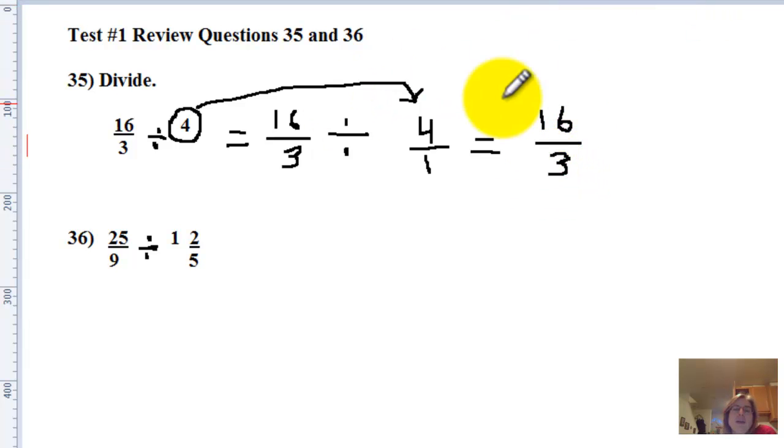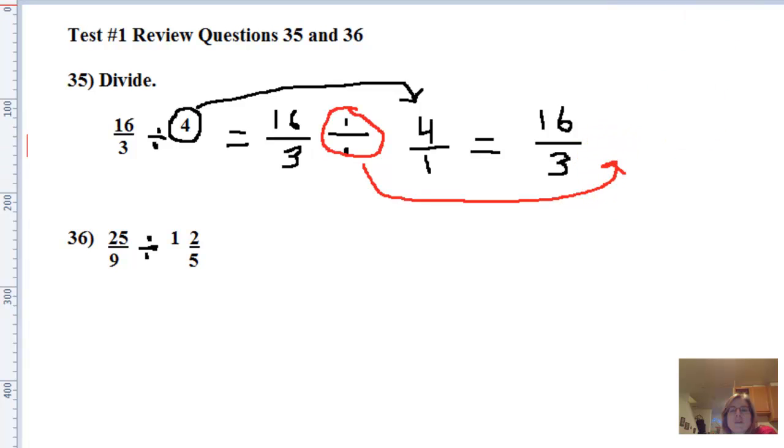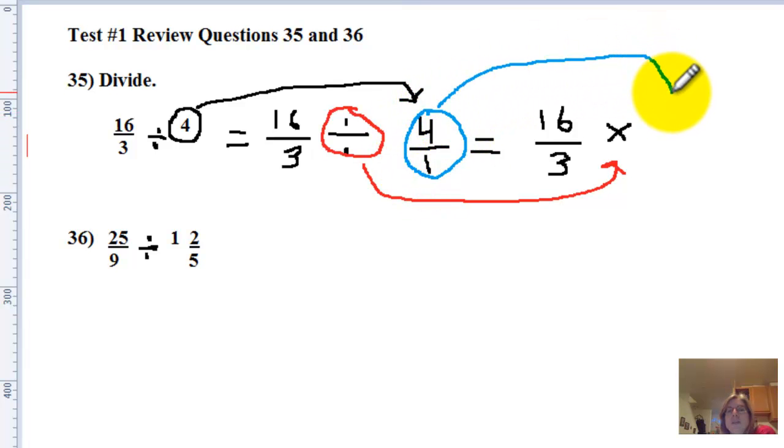Then we're going to change the division to multiplication. Multiply. And then we change the second fraction to the reciprocal, which means you turn it upside down. So 4 over 1 changes to 1/4.